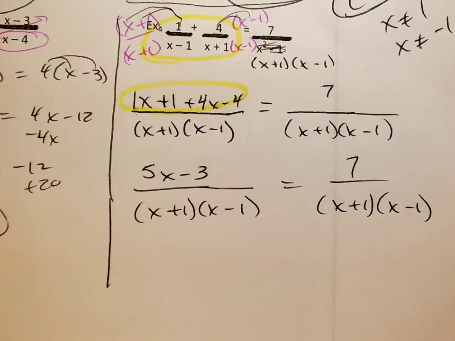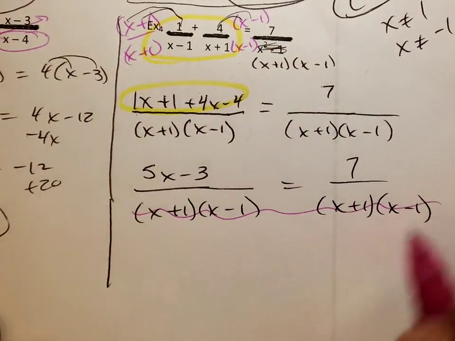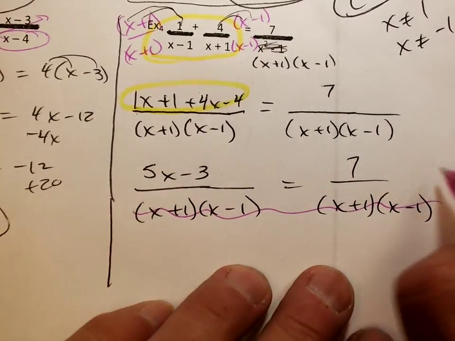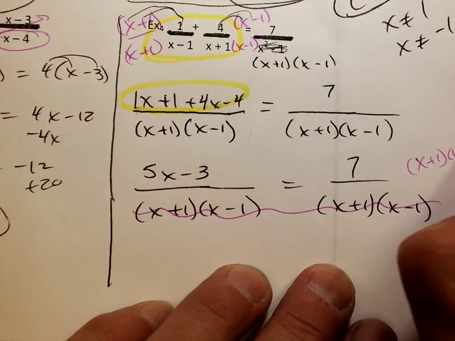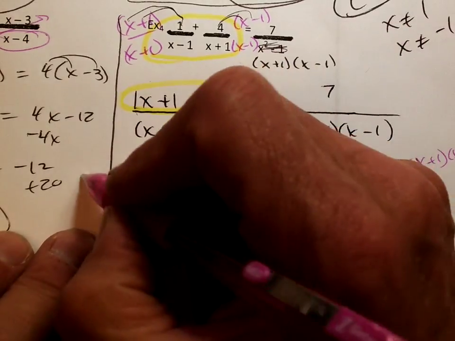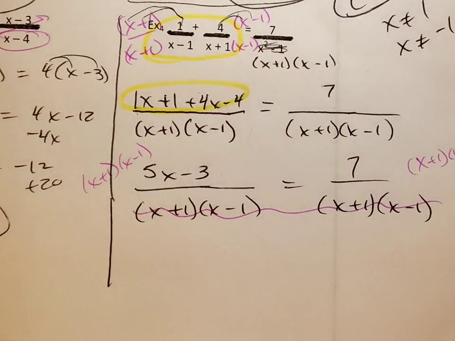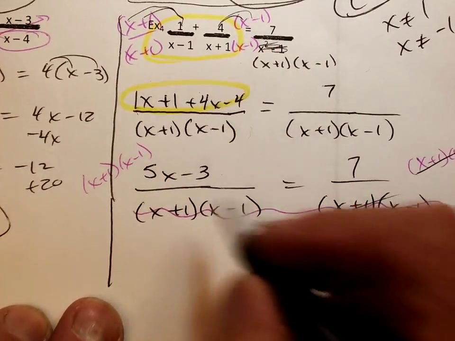Now, I'm not going to do this, but when I do this, you guys might get in the habit. Once I have a common denominator on both sides of the equals, I normally just cross it out and get rid of it. The reason why is because if you were to multiply both sides by (x plus 1)(x minus 1), I don't do this step, because I know that's going to cancel with that and that's going to cancel with that, right?